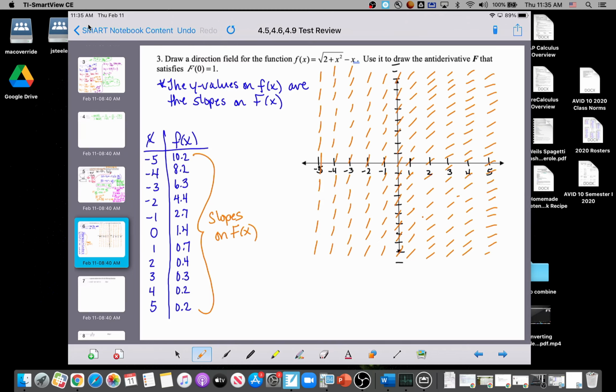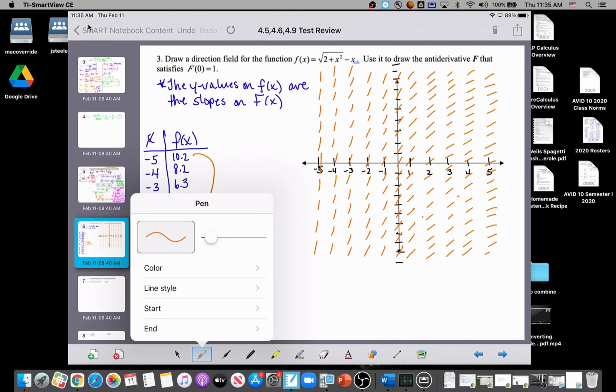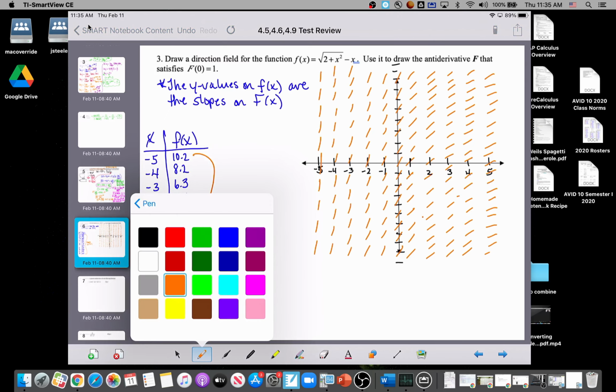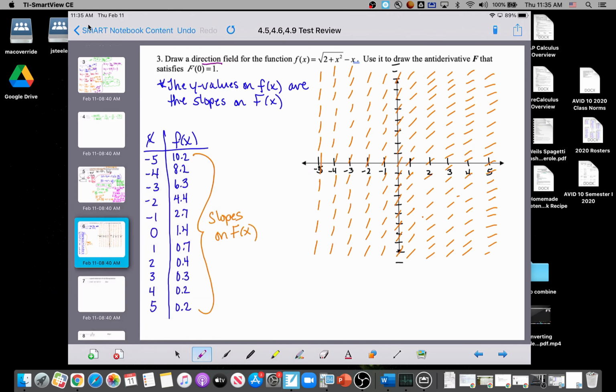Okay, so now the last step to drawing in my antiderivative, capital F, is that I need to use the initial condition that I was given, and that was that F of 0 is equal to 1. So I know that my graph has to pass through the point where x is 0 and y is 1. So that is the point right here on my curve. From that point, I just follow the slopes of my segments as I draw my curve.